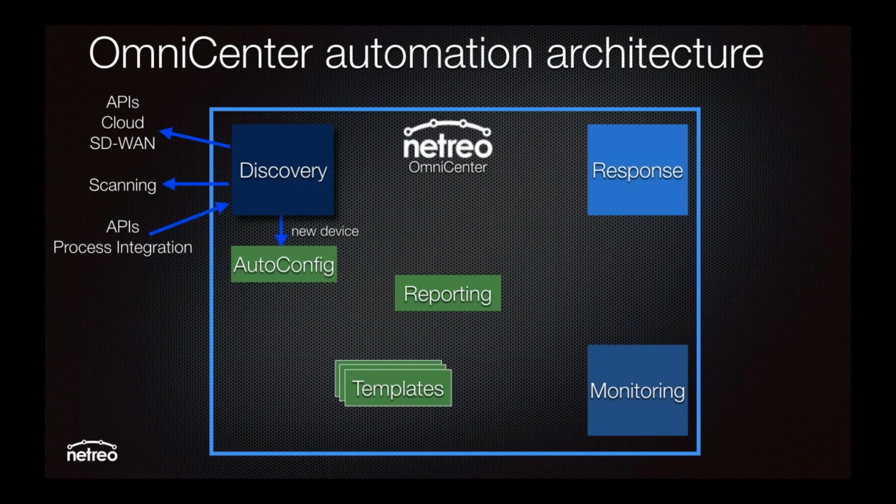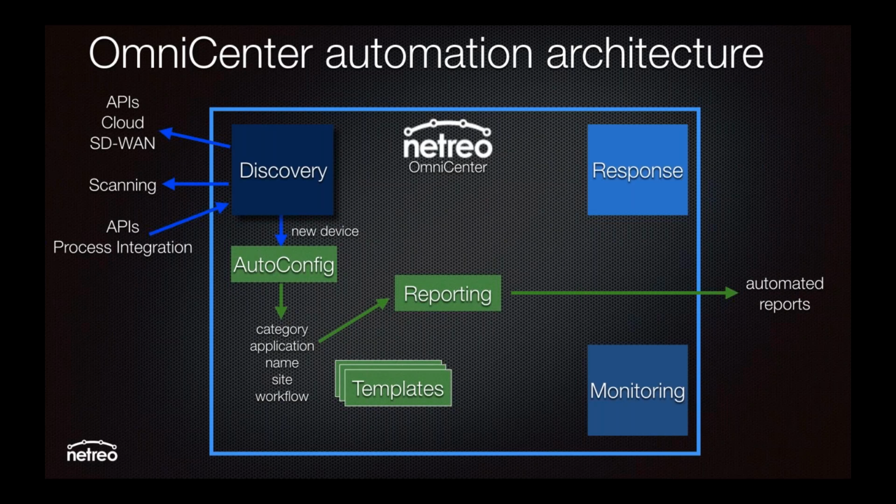Now, new devices that are added through this kind of discovery are passed off to what we call the auto configuration process. And auto config uses rules that you can edit, create, or download from the cloud to automatically put the devices into the correct categories, applications, sites, business workflows, and then use all of those to drive configuration data. So the idea is that we can take those auto configuration rules, they'll automatically sort devices based on name or location or processes that are running on them, put them in the right kinds of organizations.